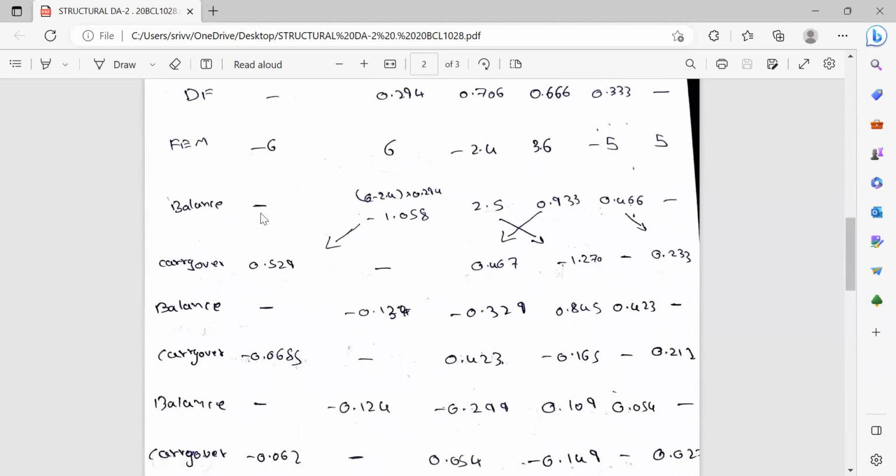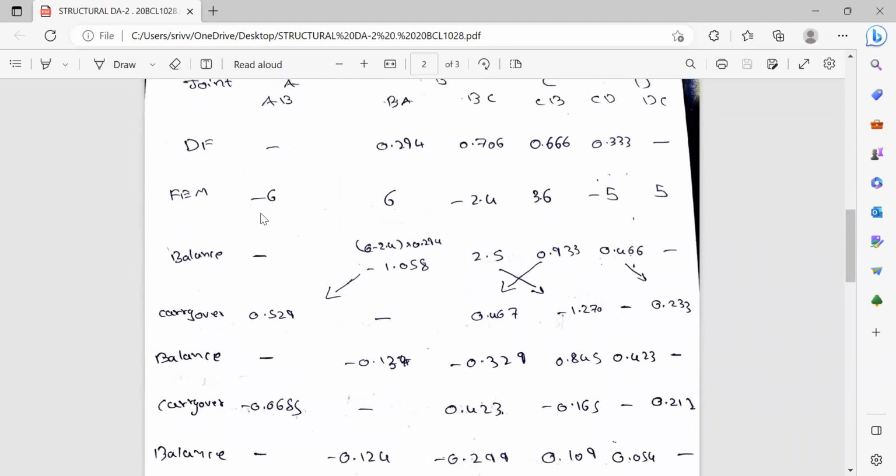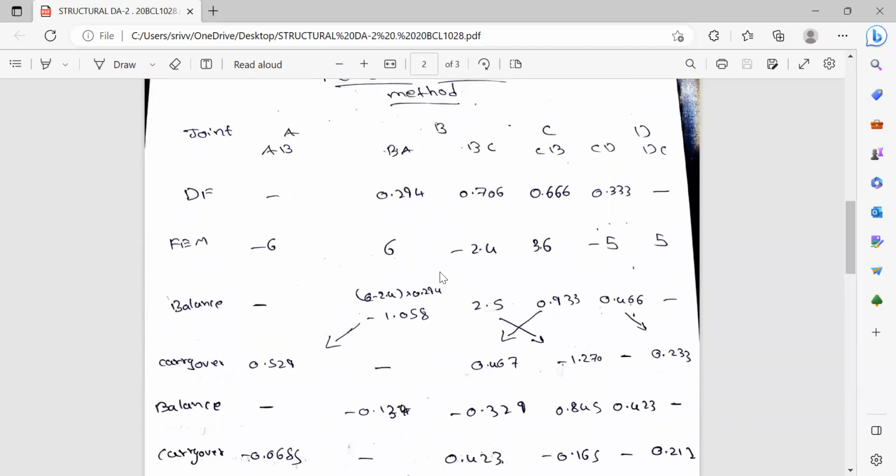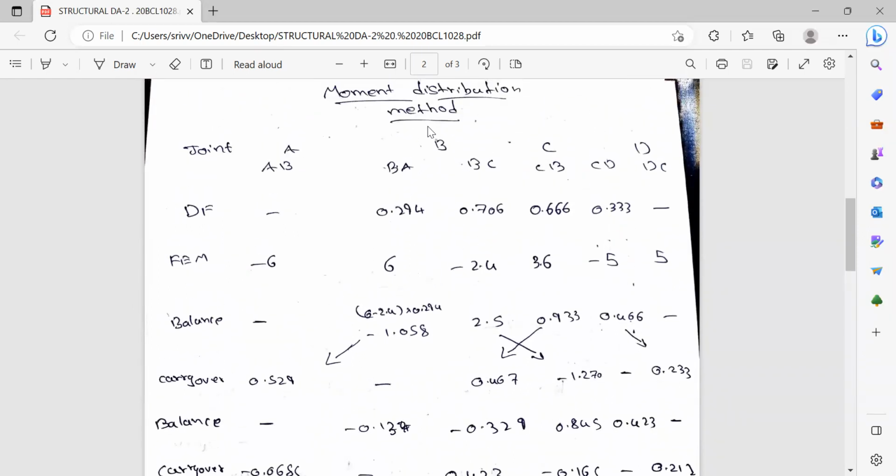Then here we have to balance. Balancing is basically, at joint B, in members BA and BC, the summation of fixed end moments of BA and BC multiplied by the respective distribution factor.